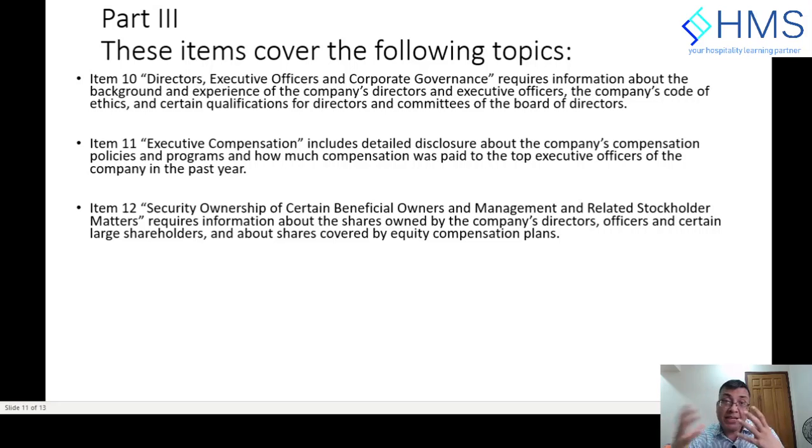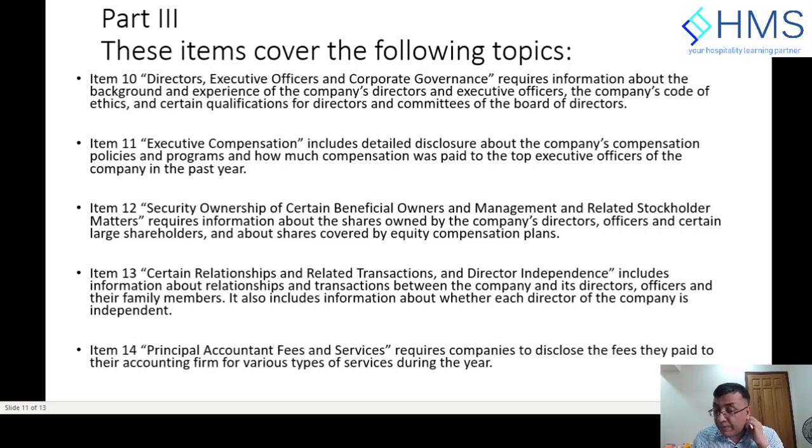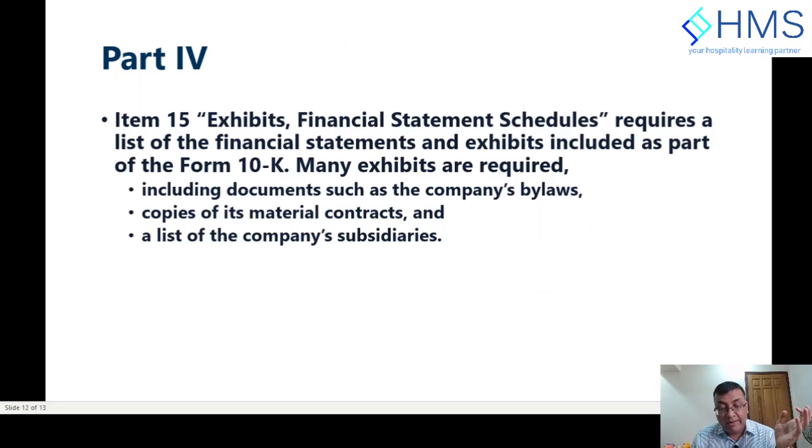If it is material information, then the users may be able to understand whether the company may have a future business or not. Because if the major business is coming only from internal transactions, the company's risk of continuing in the future increases. Then you have other related transactions with the directors or with other shareholders, subsidiary companies and other things. Then you have the principal accountant fees, the auditors' fees that they are paying.